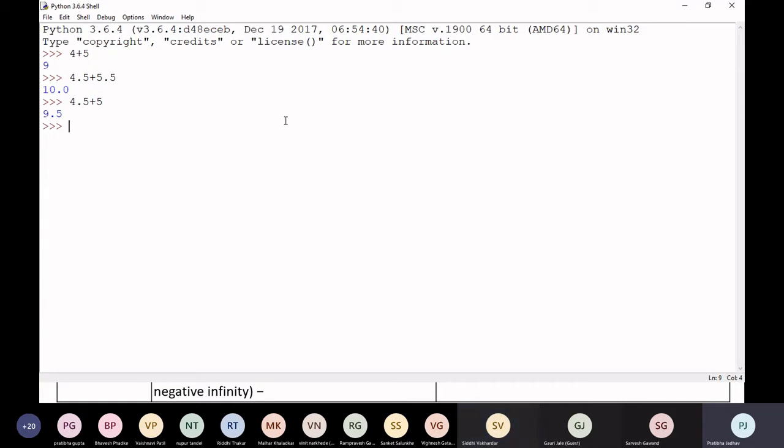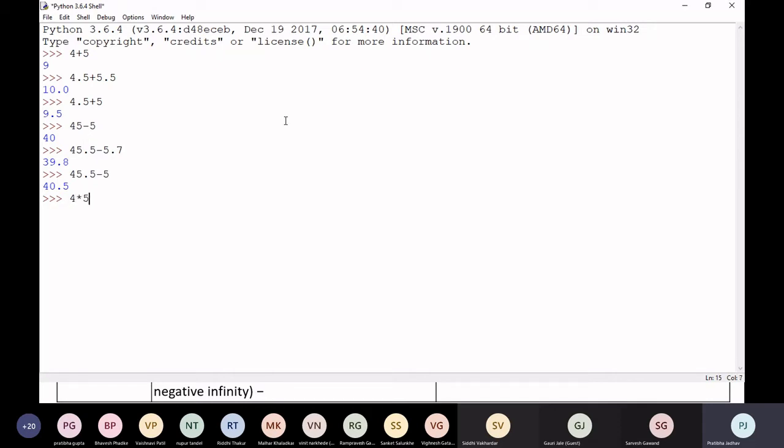If any one value is float, the output will be displayed as float. Getting that? Next is subtraction. 45 minus 5. 45.5 minus 5.7. 45.5 minus 5.